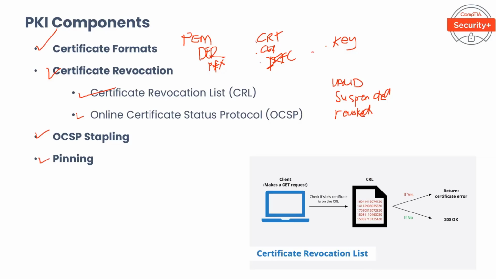And the last concept is pinning. Certificate pinning extends beyond certificate validation, right? To thwart man-in-the-middle attacks, hashes of public keys for popular web servers are built into applications such as web browsers.